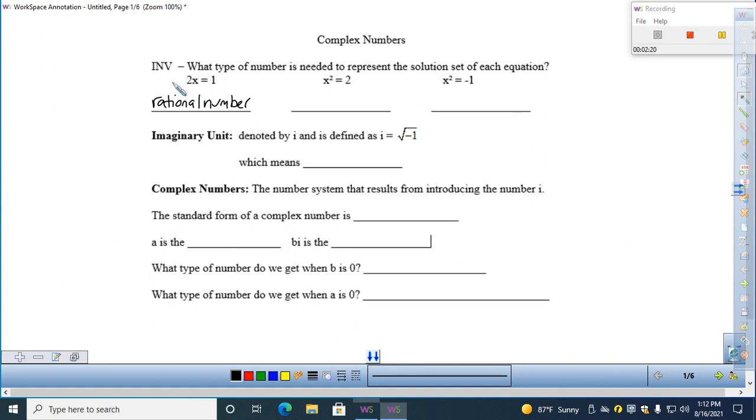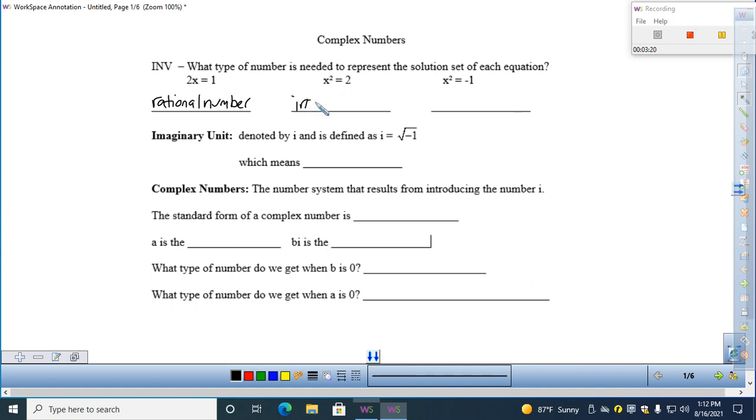All right, and then I go to the next one, x squared equals 2, and I would probably try to undo the square there and take the square root of both sides. And unfortunately, as I look, there's no rational number that would make this equation true. There's no fraction that I can put in place of x that if I squared it would give me 2. So I need a different set of numbers in order to solve it.